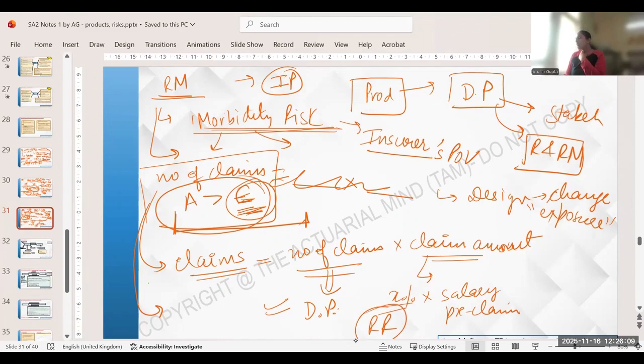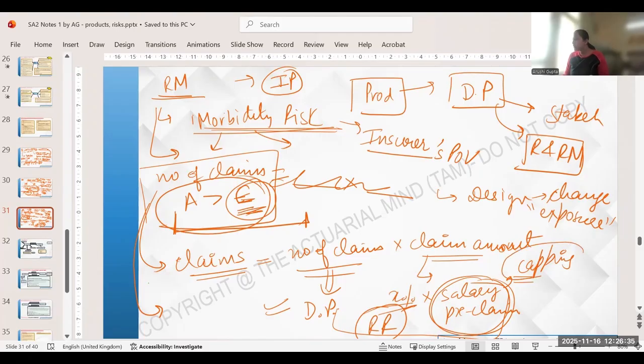So number one, we are trying to say that we are not going to take so much risk. The claim amount cannot go so high. We cannot replace everything. We are only going to give you some percentage. And on top of that, there can be another capping. If somebody's salary is so high that even their percentage is very high, I can cap it to a pound amount or some particular percentage increase.